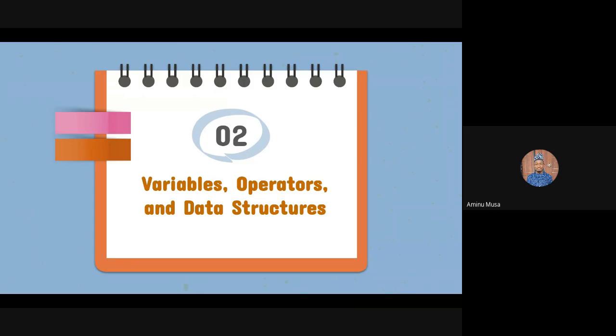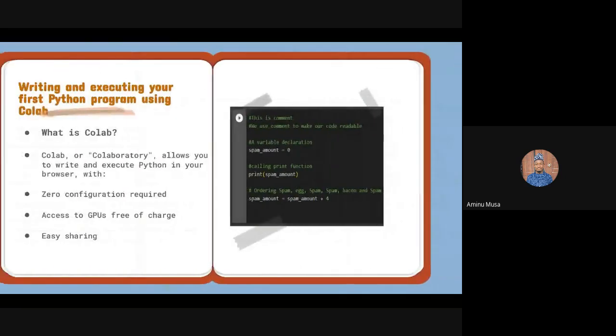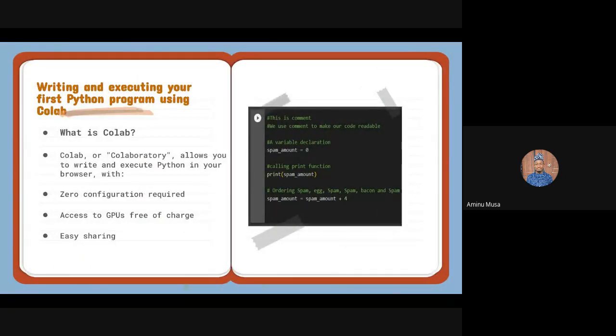But as far as this course is concerned, we are going to adopt the Google Collaboratory integrated environment, where we don't need to bother ourselves with installing Python, libraries, or dependencies. We don't want that to happen in this course. We don't want to waste much time during installation. So we are going to adopt Google Collaboratory.